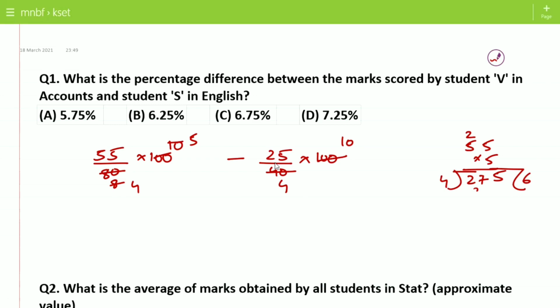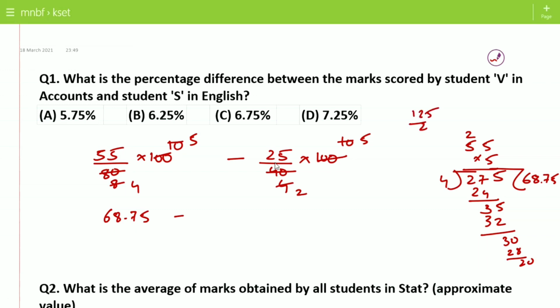So 4 6s are 24, you remain with 3 and 5, 4 8s are 32, you remain with 3 0, 4 7s are 28, 2 0 and 5. So 68.75 minus, again here 25 into 5 is 125, and 125 half is 62.5. So 68.75 minus 62.5 is 6.25, which is option number B.